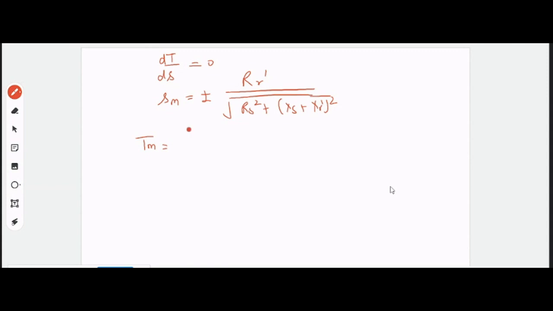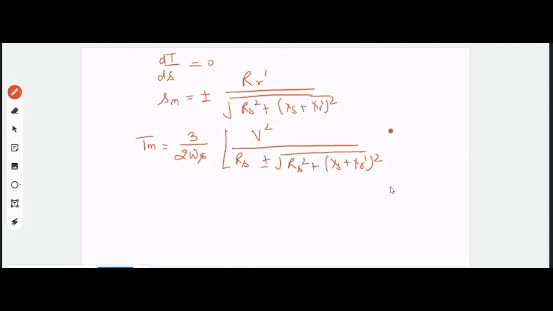The expression of the maximum torque will be equal to 3 by 2 omega s into V square divided by Rs plus minus under root of Rs square plus (Xs plus Xr dash) whole square. This will be the value for the maximum torque, and this will be the value for the slip at which maximum torque occurs.